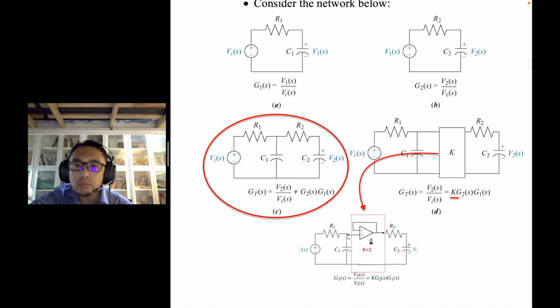So if you use a voltage follower with gain 1, then definitely the equivalent block diagram will just be the multiplication of G2 and G1. Alright?